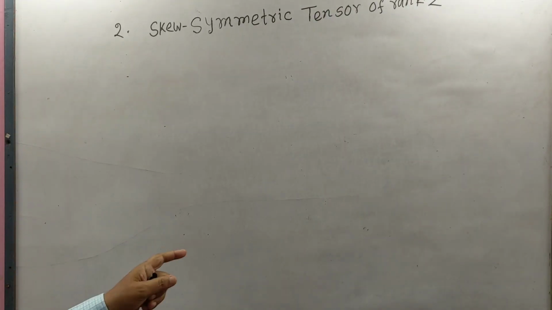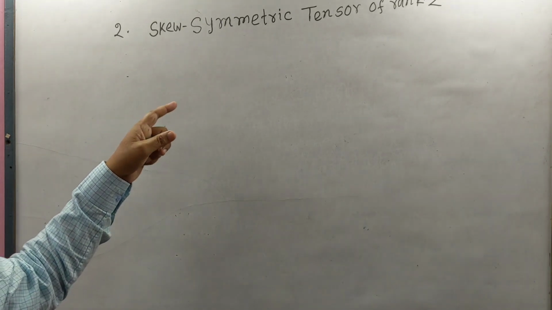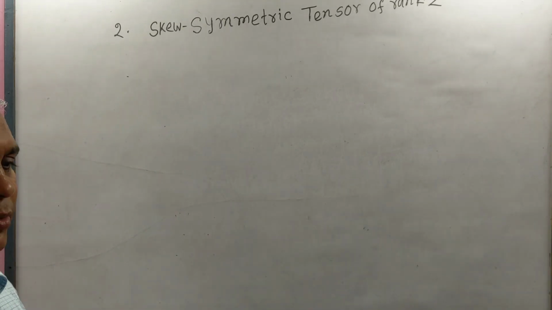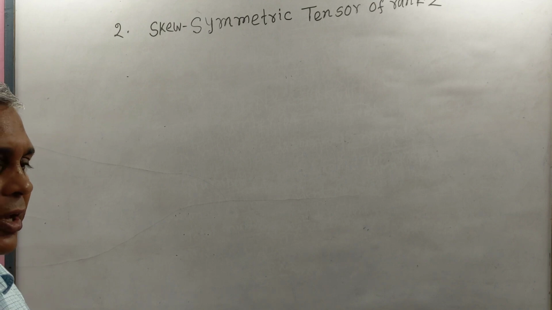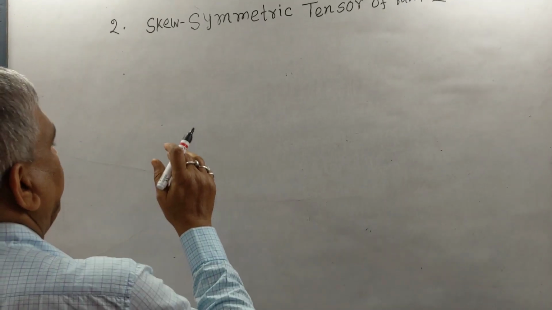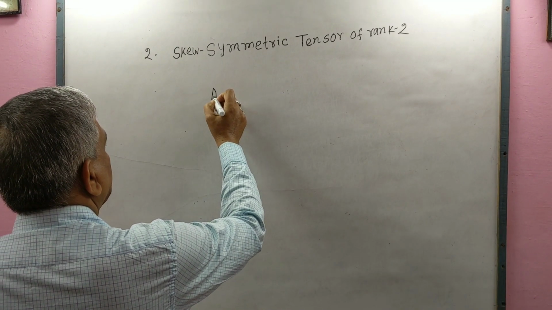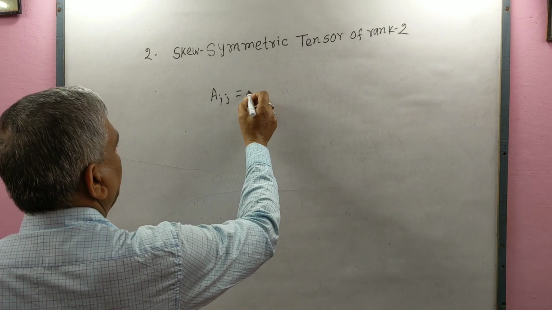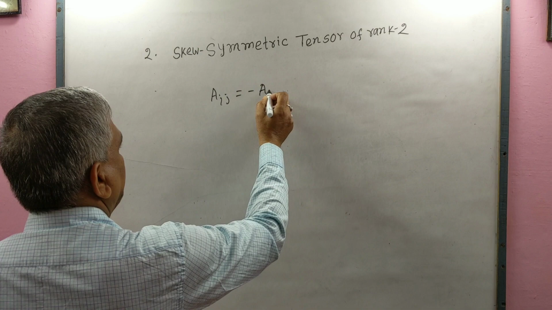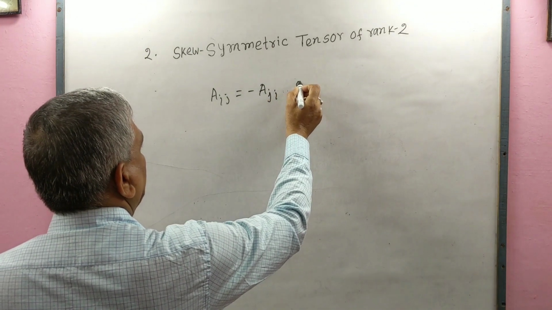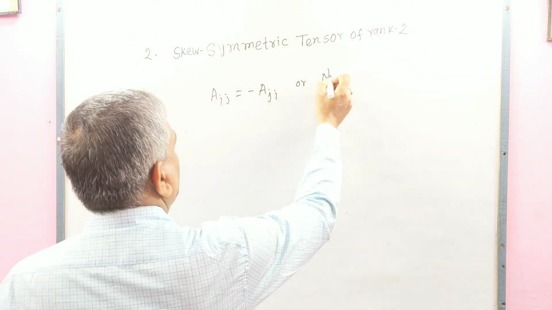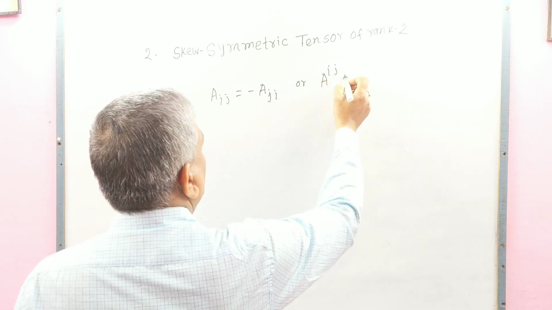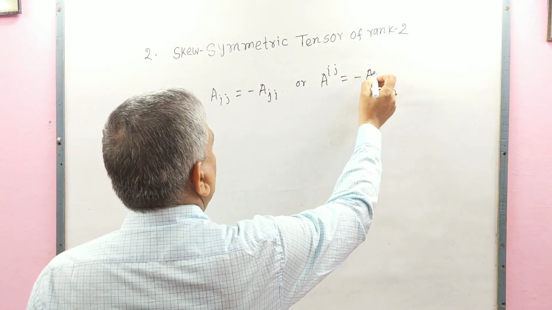Now we shall discuss skew symmetric tensor of rank 2. We also say skew symmetric as anti-symmetric. A tensor of rank 2 is said to be skew symmetric if Aij equal to minus Aji, or A^ij equal to minus A^ji.